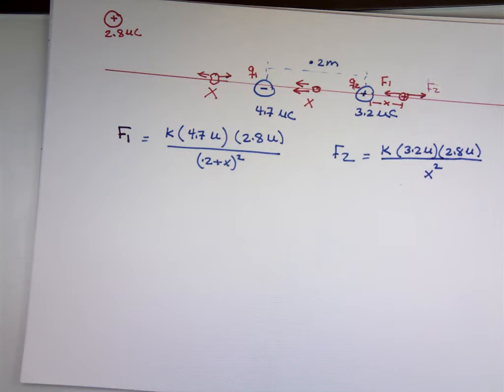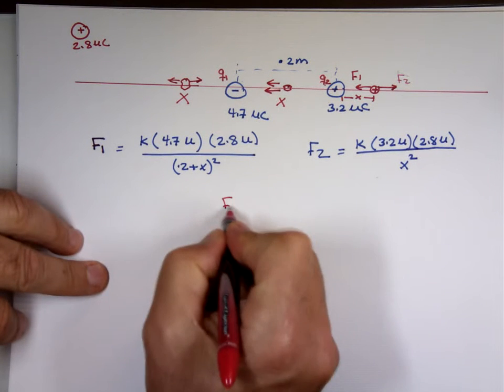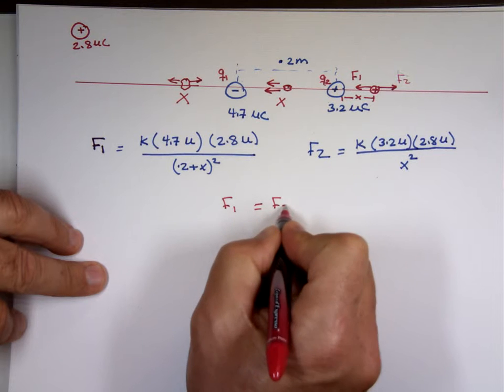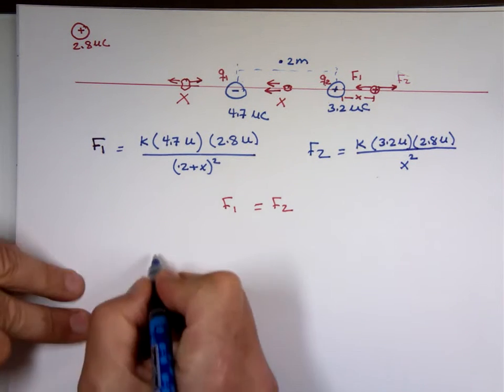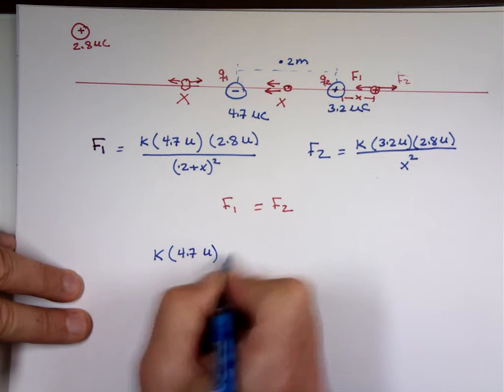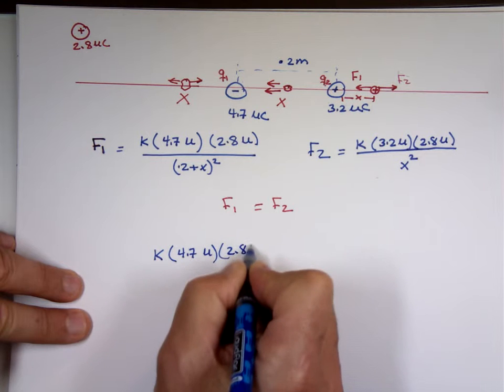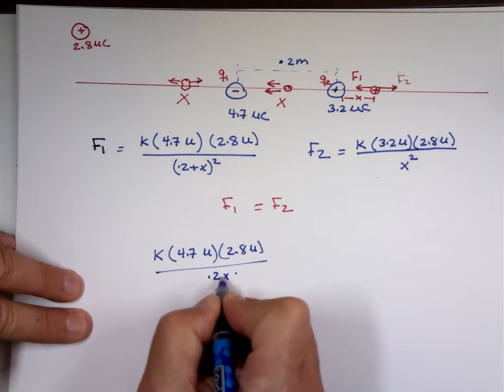So what do you want these two forces to be? Don't you want them to be equal to each other? So I want F1 to equal F2, so for the net result to be 0. I want them to cancel each other out. Plus, not times.